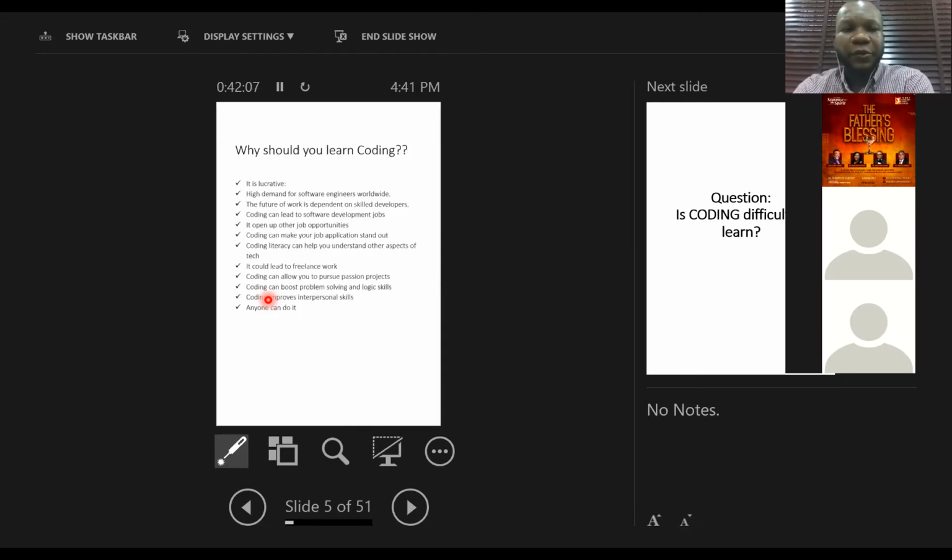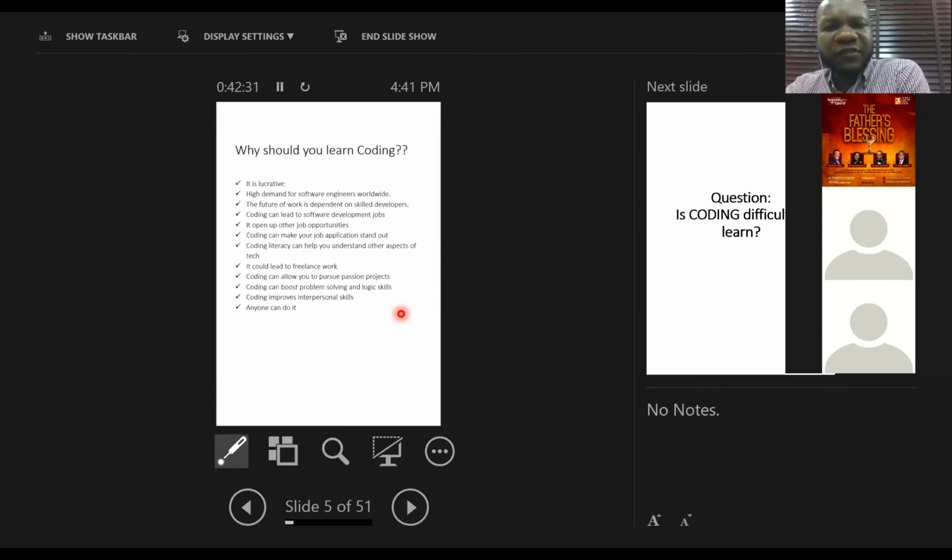These are some of the points I also brought up to add to your own purpose of wanting to start a career in coding. Like I said, coding is very lucrative. There's high demand for software engineers worldwide. The future of work is dependent on skilled developers.